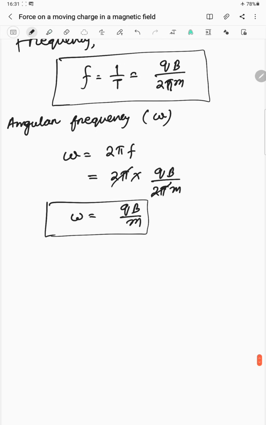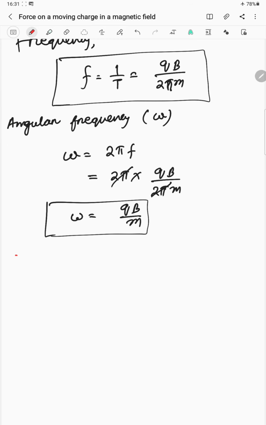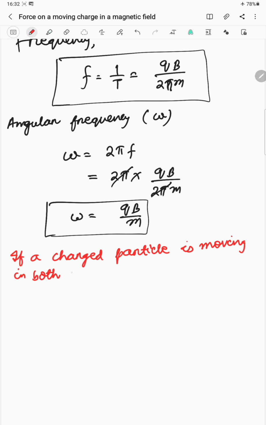Okay, clear? Now here one interesting thing comes. Suppose a charged particle is moving in both electric field and magnetic field.